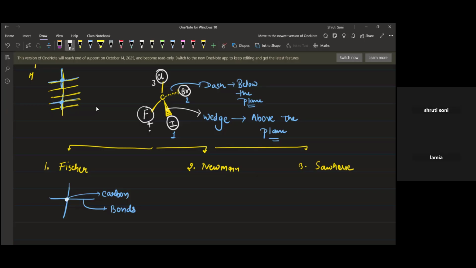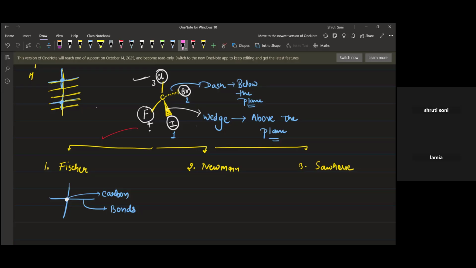Now the next part: let's suppose this one is a 3D representation, and I need to convert this 3D representation into Fisher form. So how will I go about that?